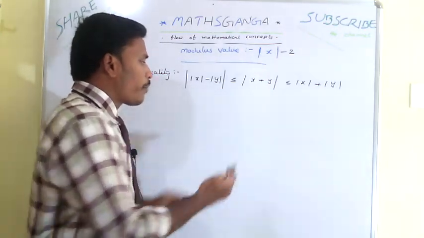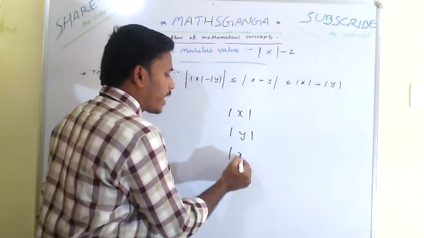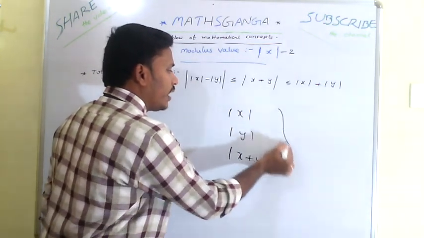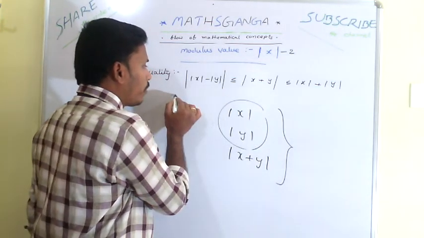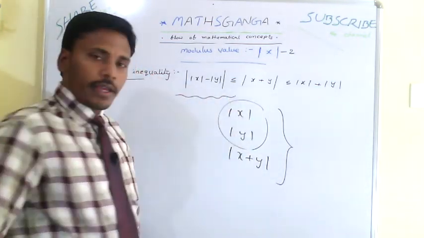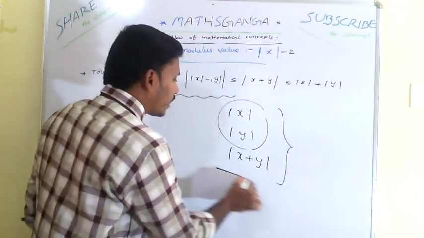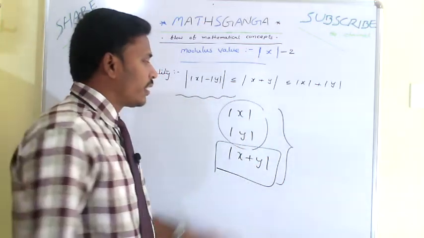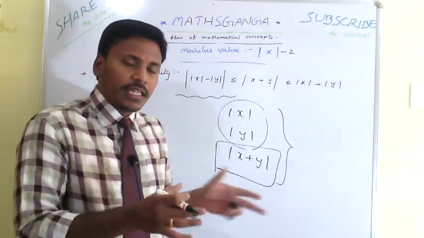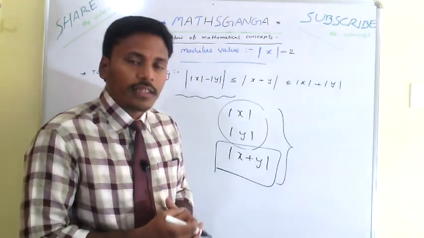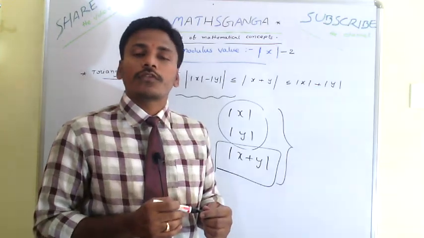So if you take mod x, mod y, and mod (x plus y) as three sides of the triangle, the difference of these two is nothing but modulus of (mod x minus mod y). The difference of two sides is less than the third side, which is less than the sum of those two sides. Since it resembles the basic triangle inequality, we call this the triangle inequality of the modulus function.